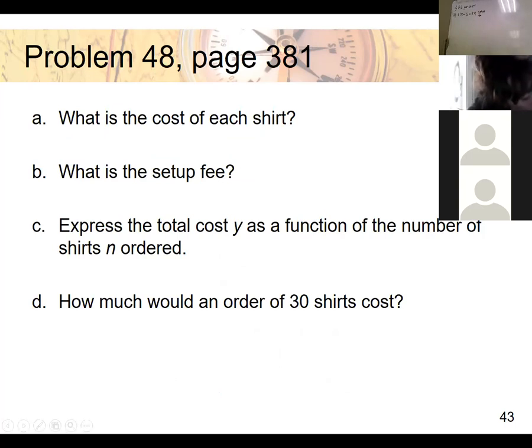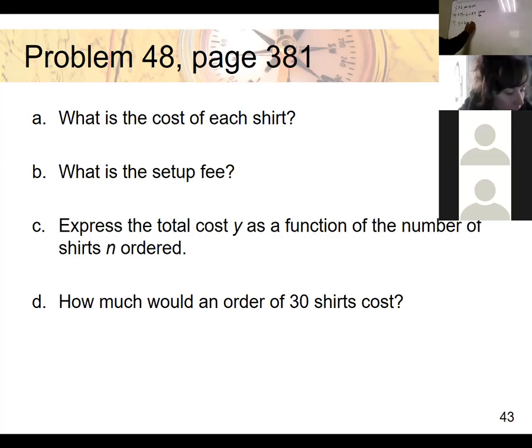And then part C would be to express the total cost, Y, as a function of the number of shirts in order. So Y is equal to, that's the total cost. The number of shirts will be n. So if it's $6 per shirt, that would be 6n.